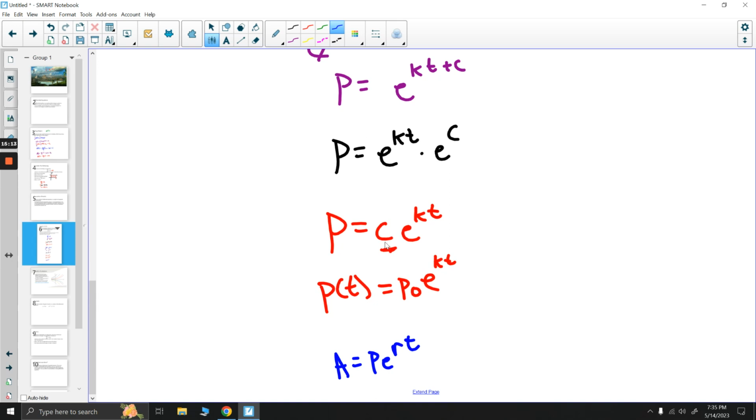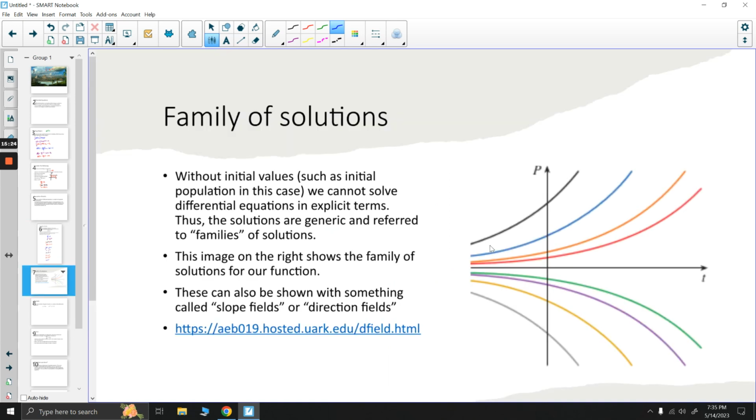We don't really know what that constant is other than that it's the initial population, and without any more information we can't find it exactly. And so we have these families of solutions, where depending on what our initial value is, we start to follow these different curves.